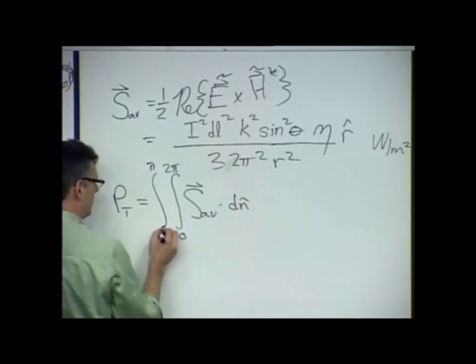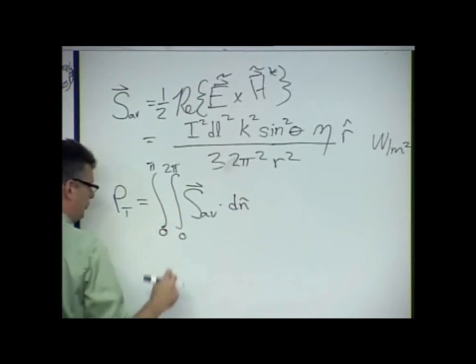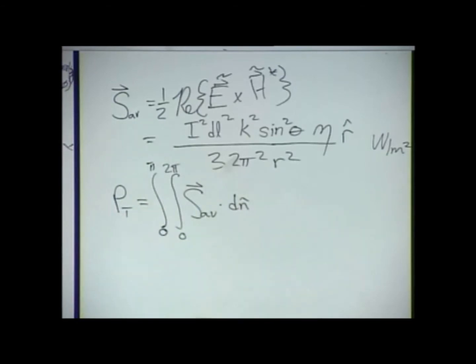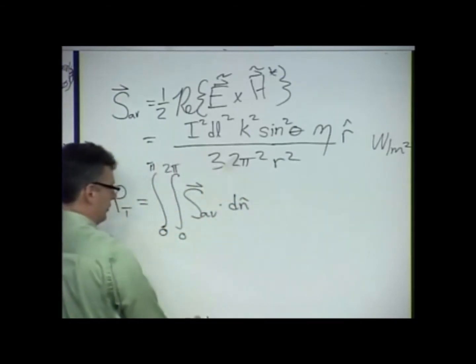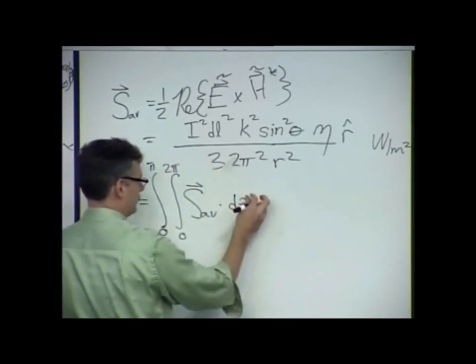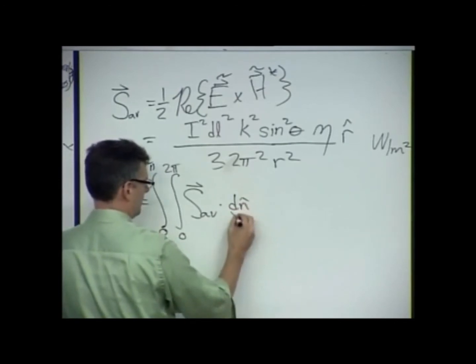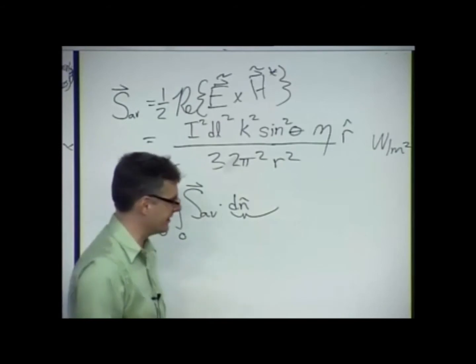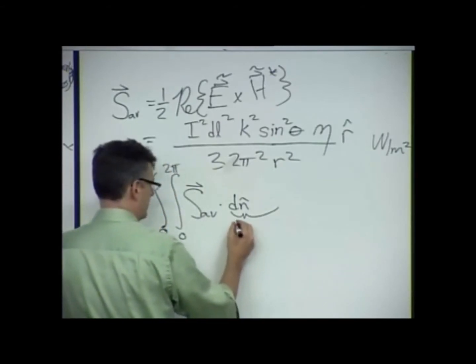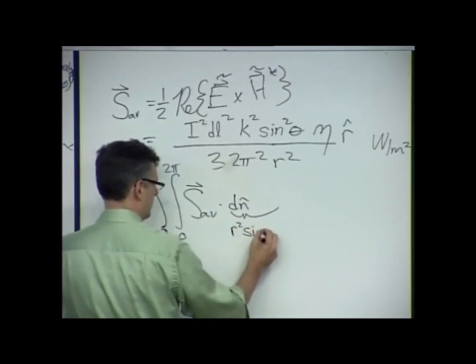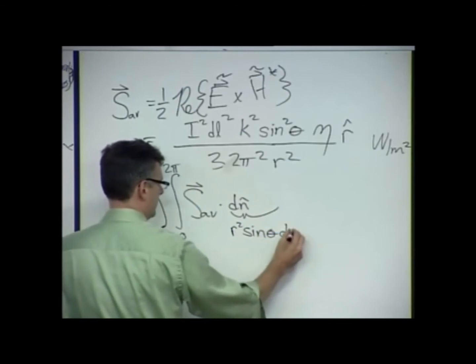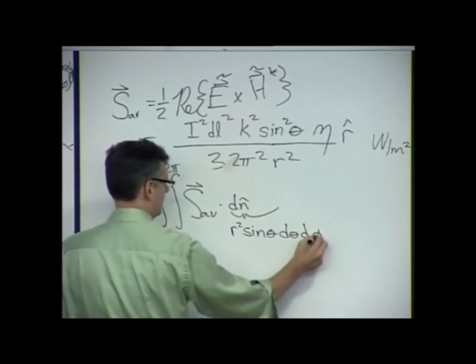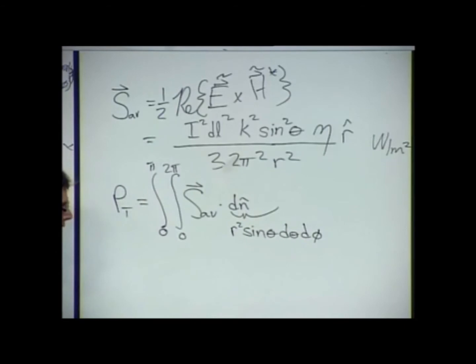And that'll get me all 4 pi steradians of a sphere. What is my element of integration going to be here? Well, if I cheat and look at the back of the calculus book, it's going to be r squared sine theta d theta d phi. That's how I integrate on the surface of a sphere at a given distance r from that sphere.